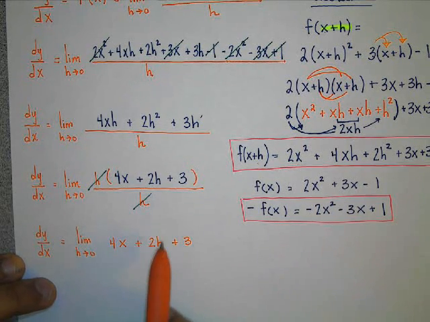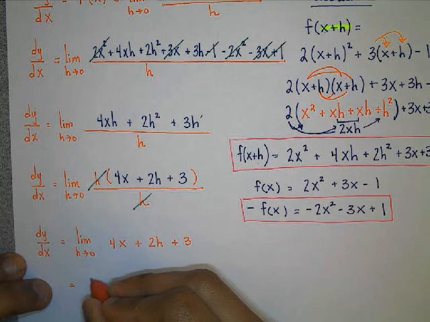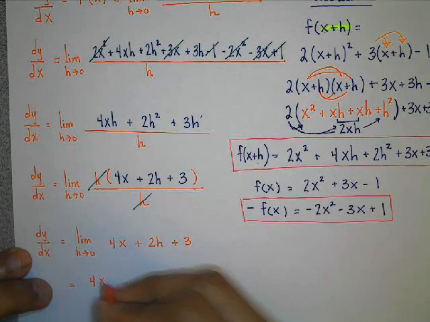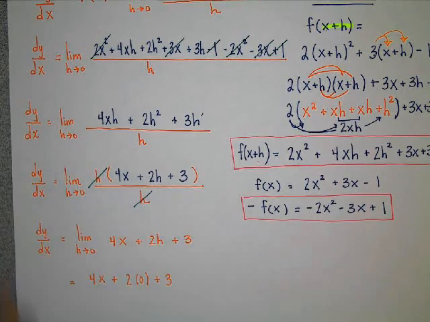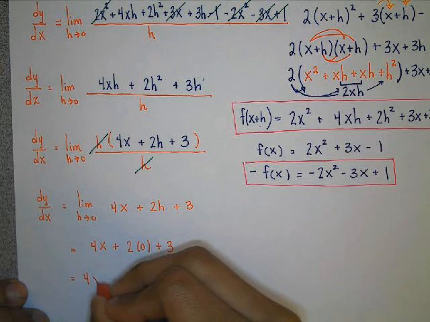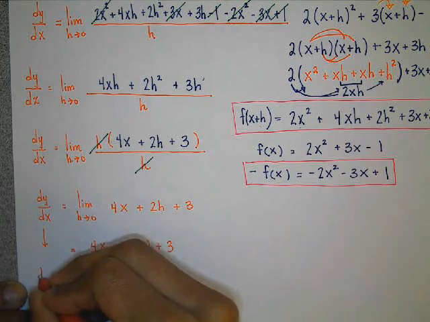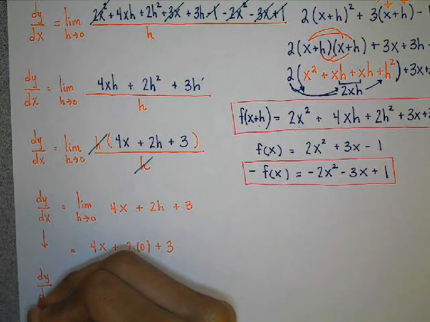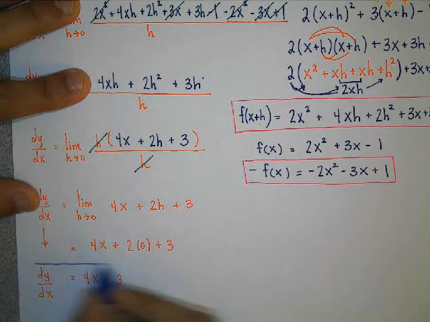Now here, h is going to 0, so we're going to go ahead and plug in 0, and so we're going to end up getting 4x plus 2 times 0 plus 3, and then this is going to lead to 4x plus 3. And again, I'm just going to drop down the derivative of y with respect to x. And here is the derivative as a function.